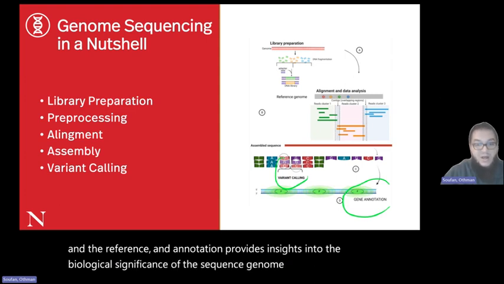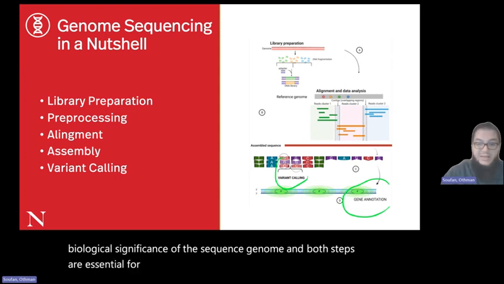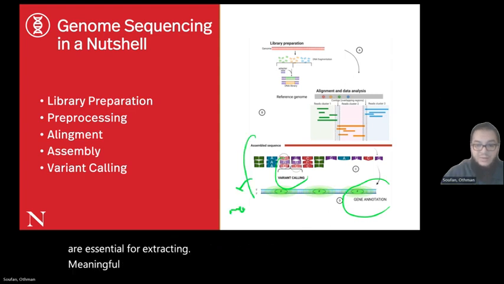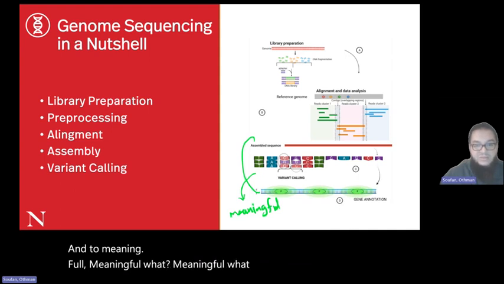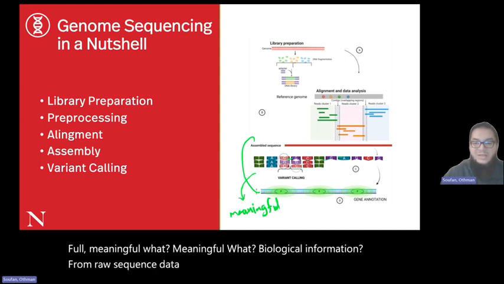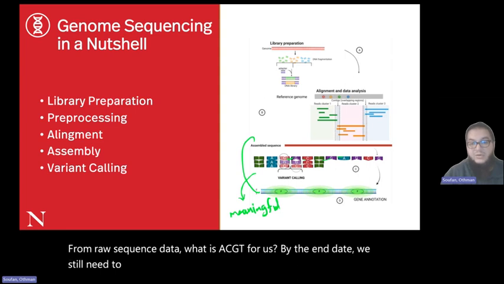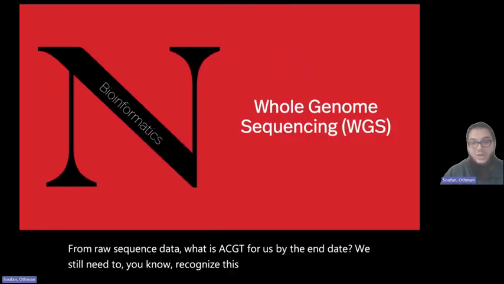Both steps are essential for extracting meaningful biological information from raw sequence data. What is ACGT for us by the end of the day? We still need to recognize this information.